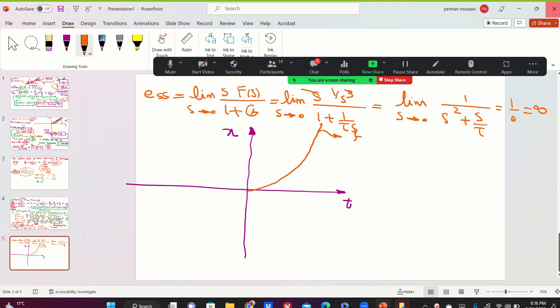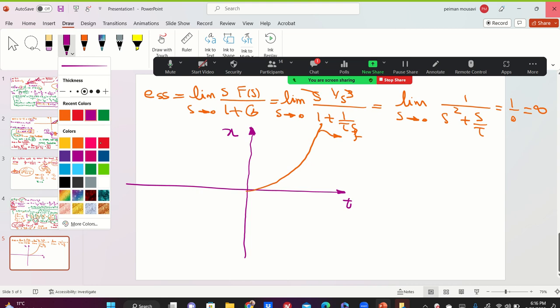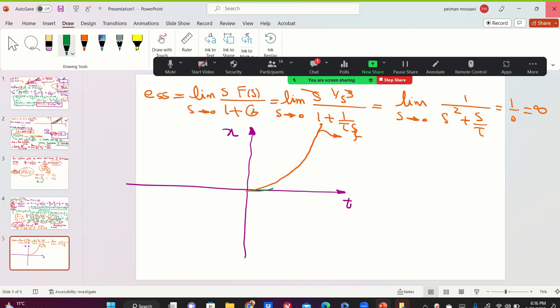Based on whatever we derived together using Laplace transform, the system starts from here and time increases. So you see the error signal increasing with time. These are error signals, each of these. See what I'm saying?